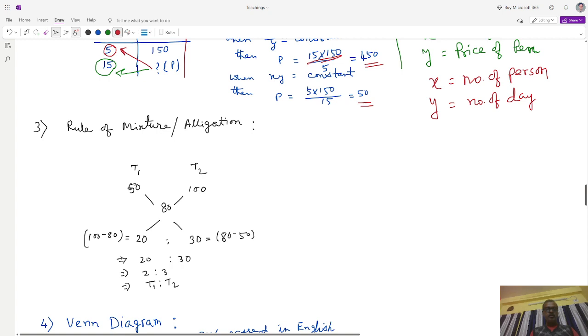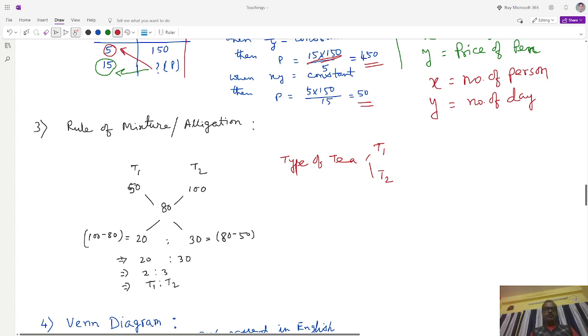Here, an example of the rule of alligation method is shown. Let there be two types of tea, T1 and T2. The price of T1 is rupees 50 per 100 gram and the price of T2 is rupees 100 per 100 gram.